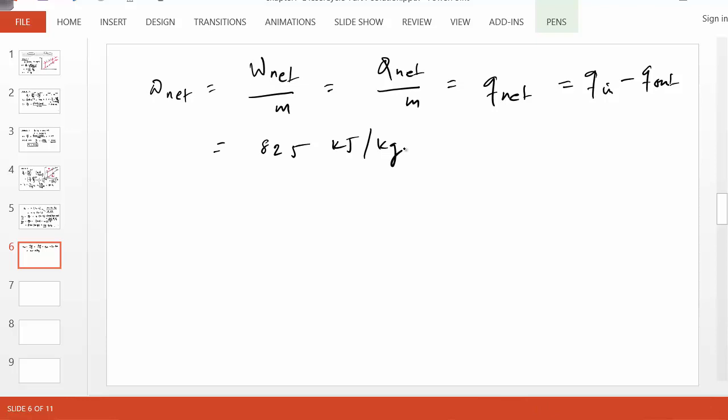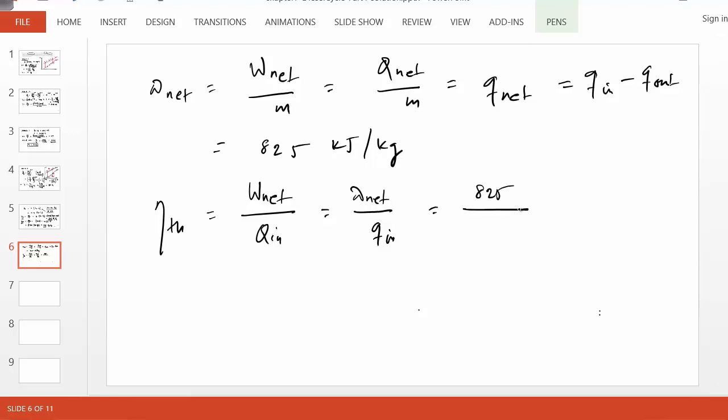So therefore, thermal efficiency, which is W net by Q in, which is small w net over Q in, and that is 825 is my W net, and Q in we already calculated to be 1304, which is about 63%.